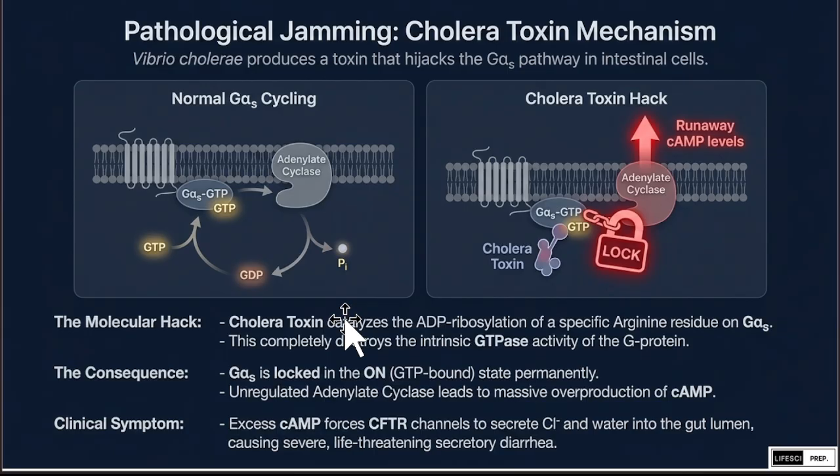There is a factor in G alpha S, that is its hijacking, which causes cholera toxin. Here is the mechanism. I'll be showing you the G alpha cycle, as I have shown you on the last page.